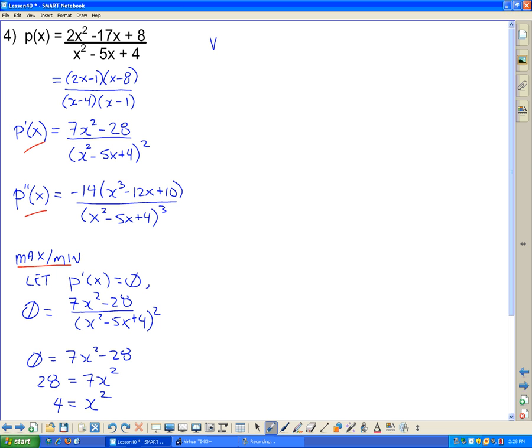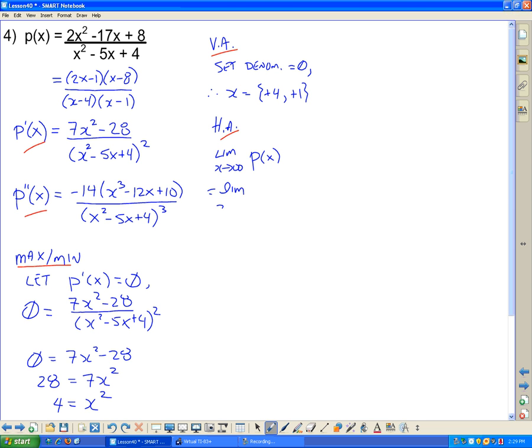So with your vertical asymptotes, again, you're just setting the denominator equal to 0. So that means that, therefore, we have vertical asymptotes at positive 4 and positive 1. So we have two vertical asymptotes. Horizontal asymptote, we analyze the function for the limit as x approaches infinity of p of x.